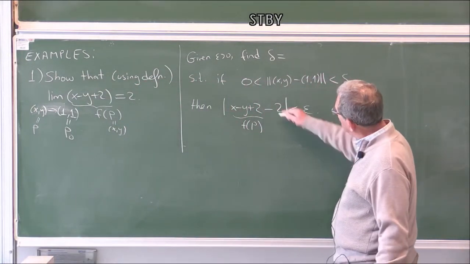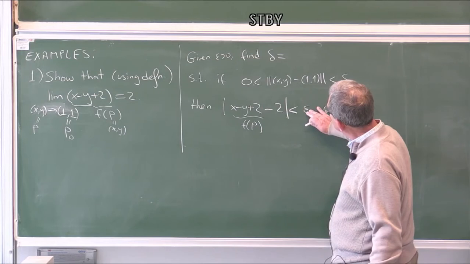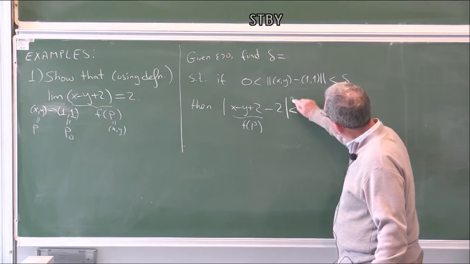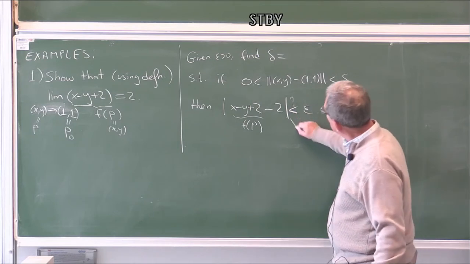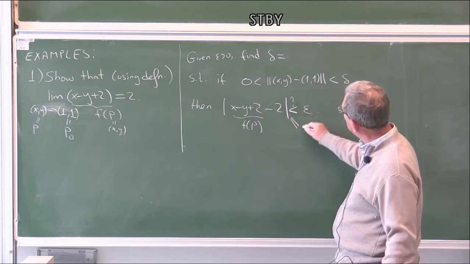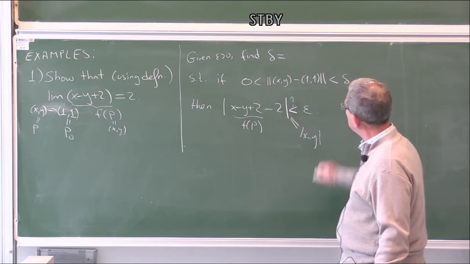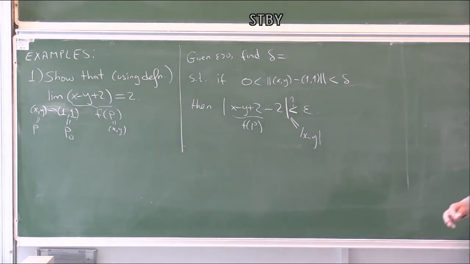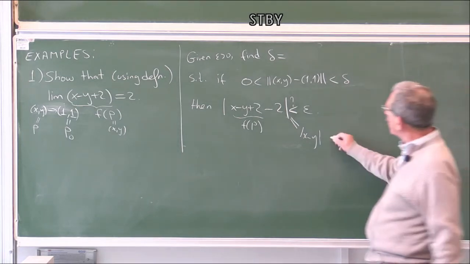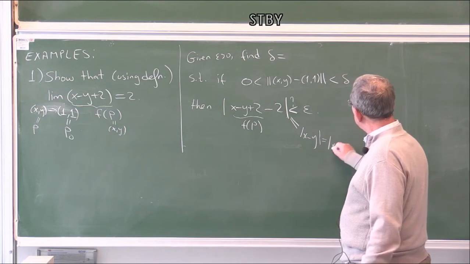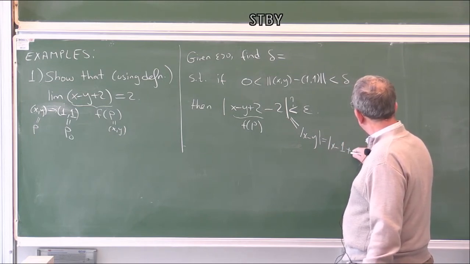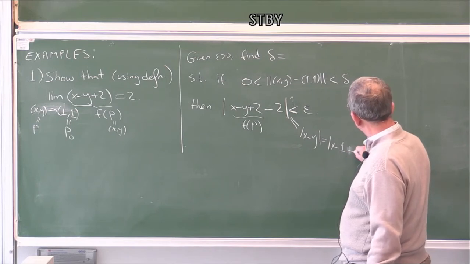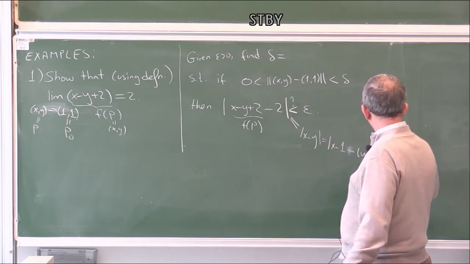Well, clearly, to obtain this, we don't know this yet, so let us continue from here. It is x minus y. X goes to 1, y goes to 1, so I can write this as x minus 1 plus, or rather minus, y minus 1.